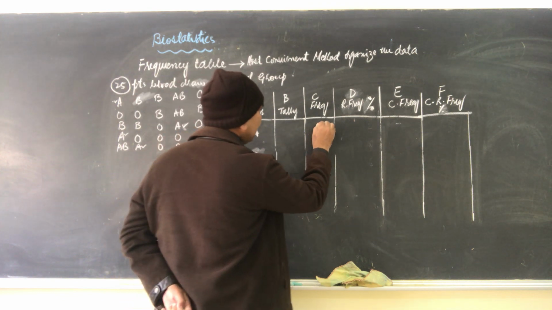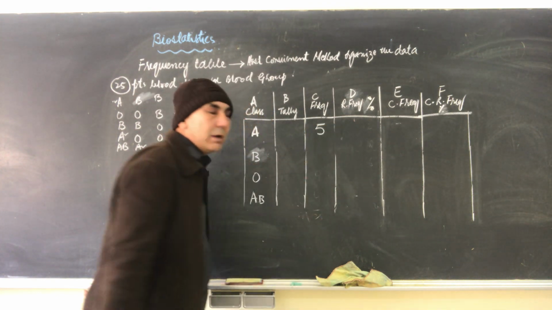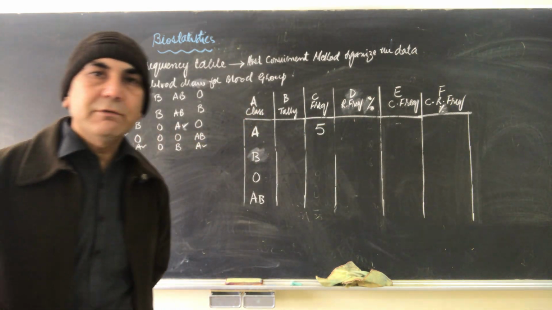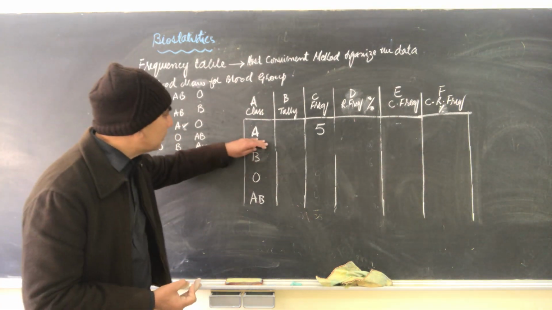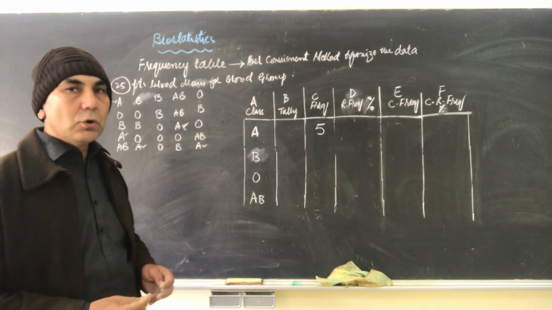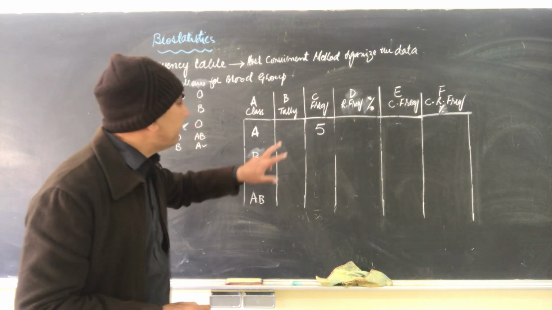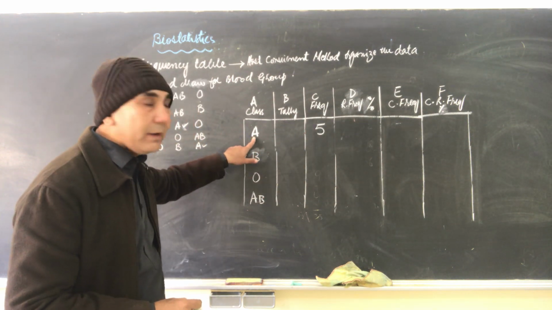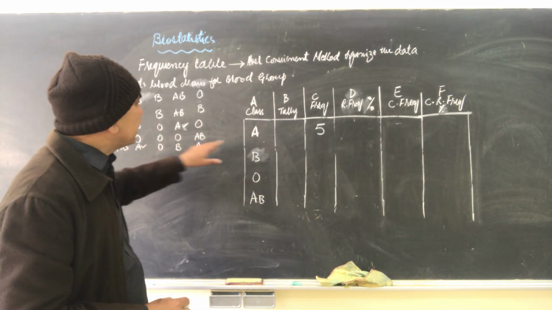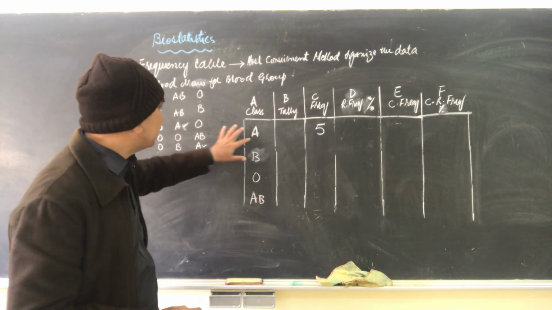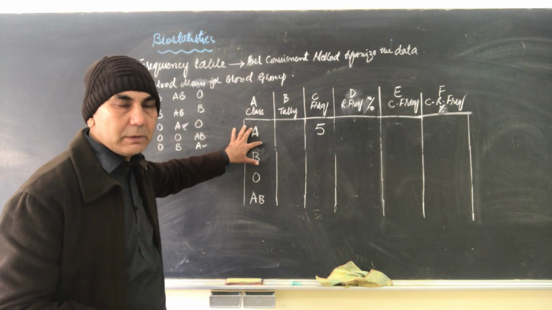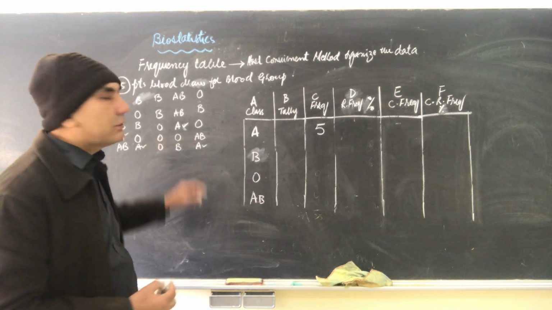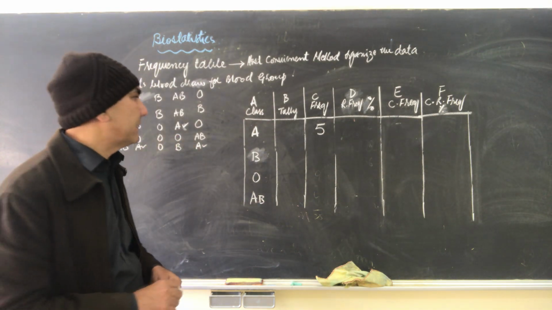So we have a frequency of 5 for blood group A. What does it mean? It means that 5 patients have blood group A among the 25 patients in the sample.